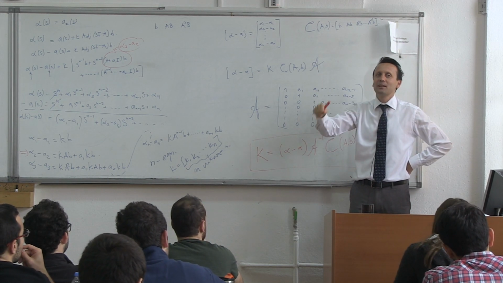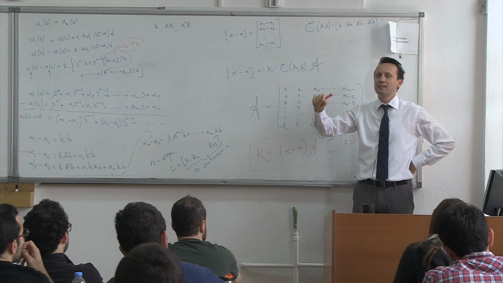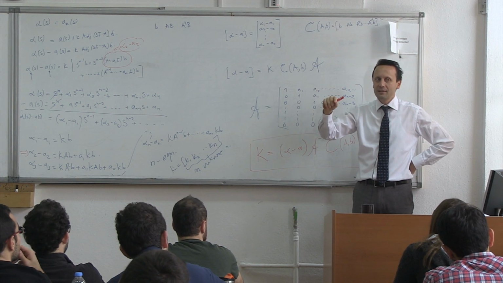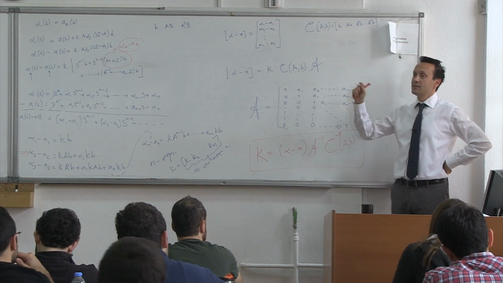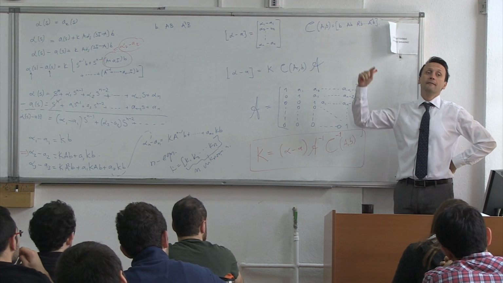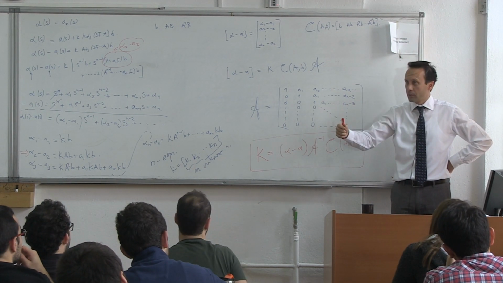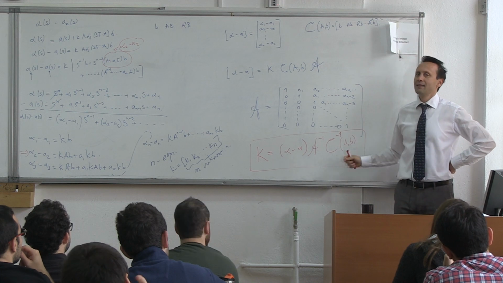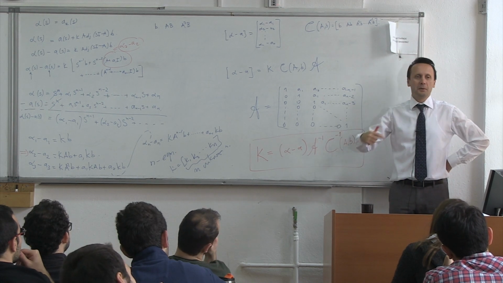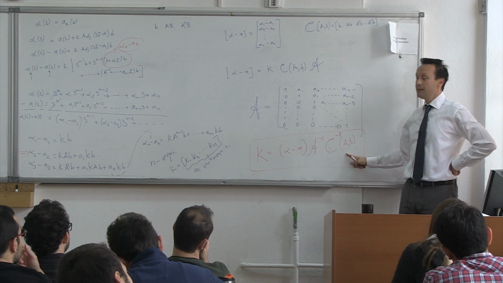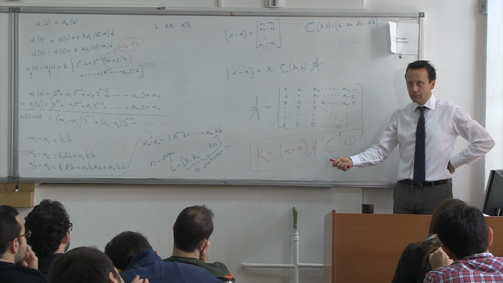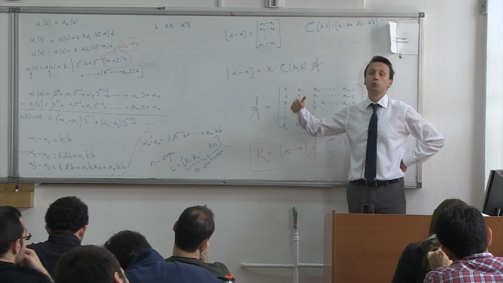It will not exist when the system is not controllable, which means the inverse will exist if this matrix is full rank. Okay? When is it full rank? When it's controllable. When the system is not controllable, the inverse will not exist, and therefore there is no solution for K.